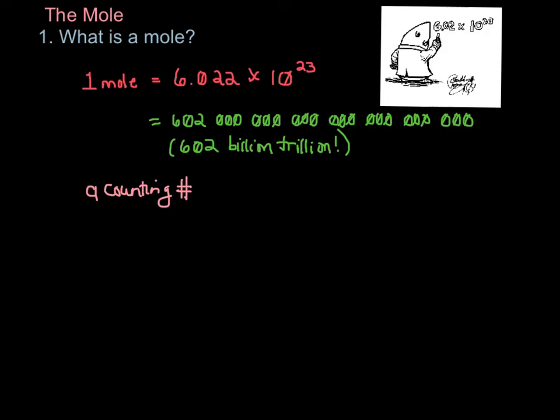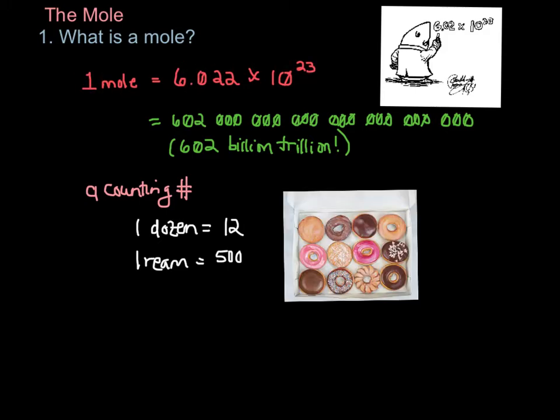Other counting numbers you may be familiar with are a dozen. So 1 dozen is equal to 12, or say a ream of paper, 1 ream is equal to 500. So these are both counting numbers as well, and so is the mole. So I can count things in groups or by counting numbers.